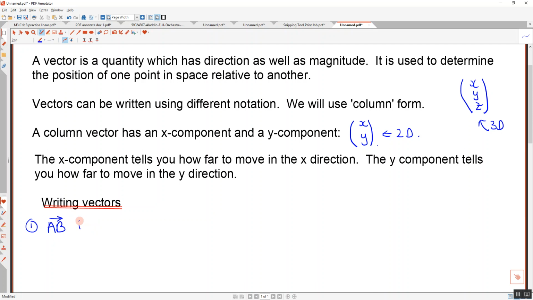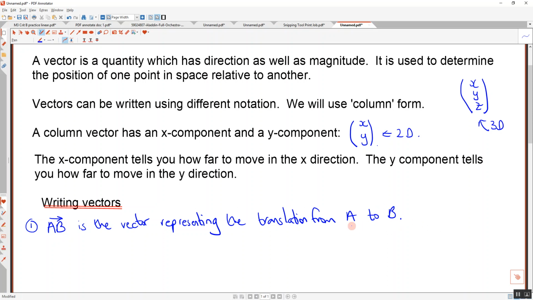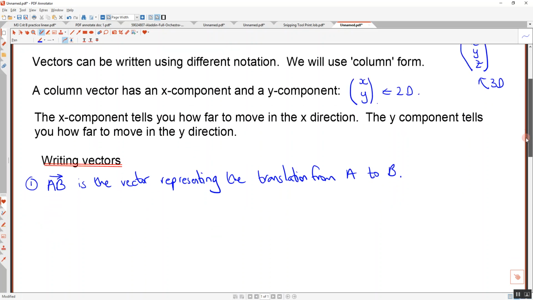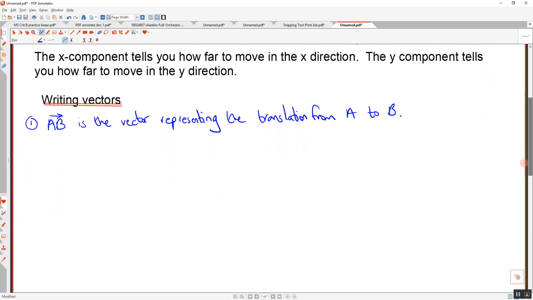Okay, now A to B is a vector representing the translation from A to B.